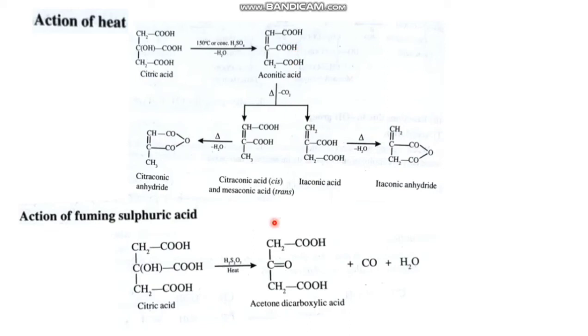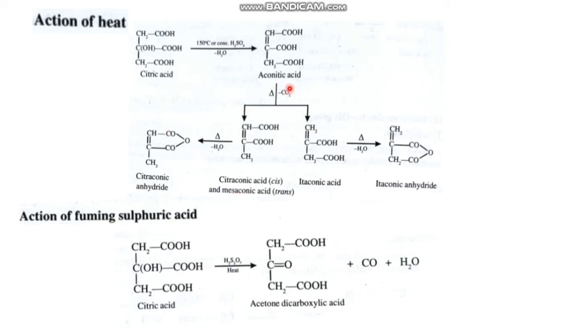We get a mixture of isomeric unsaturated acids, citraconic acid and itaconic acid, which on further heating give the anhydrides of the corresponding acids, that is citraconic anhydride and itaconic anhydride.